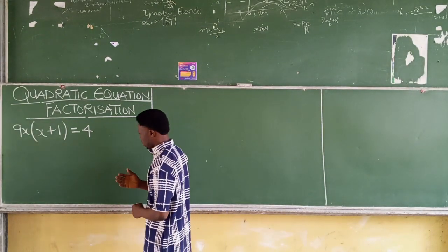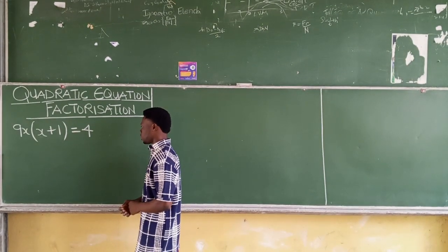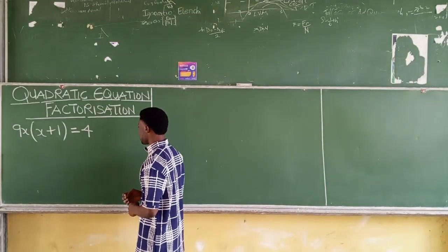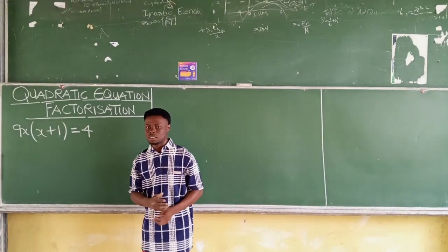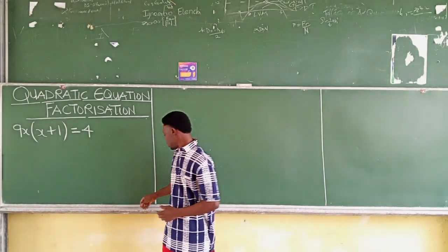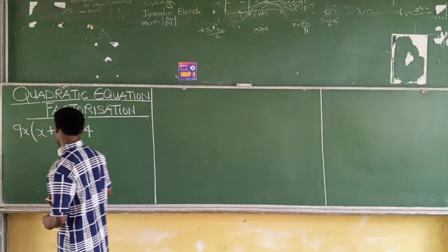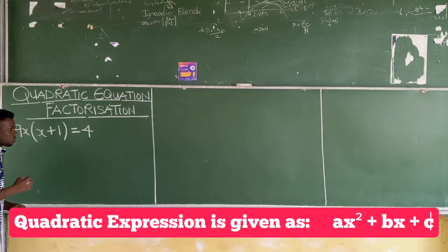So the first step is to expand the bracket, then collect like terms, so we can have the quadratic equation using the quadratic expression, which is ax² + bx + c = 0.